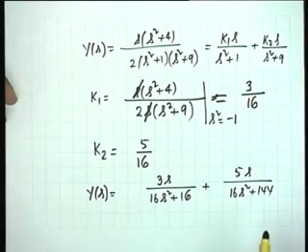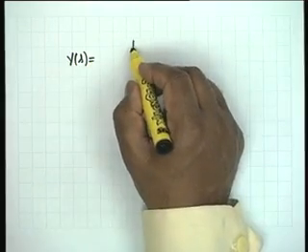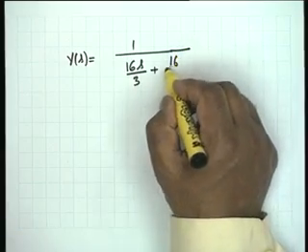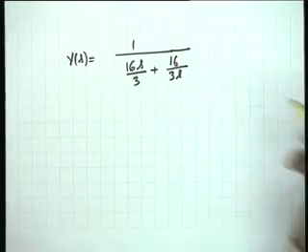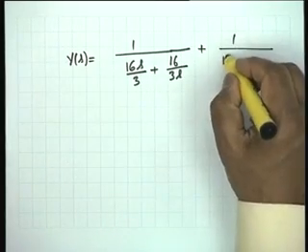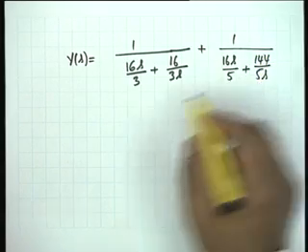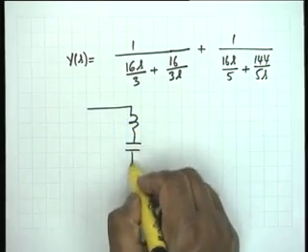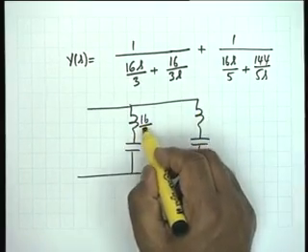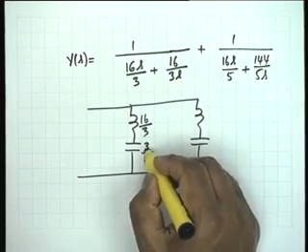With a little practice you don't have to do this, but to start with it is not a bad idea to do this. I divide both by s, that is I make the numerator 1, then I get 16s by 3 plus 16 divided by 3s, and 16s by 5 plus 144 divided by 5s, and the element values should be obvious. So 16 by 3 is SL and 1 by SC, so this is 3 by 16.